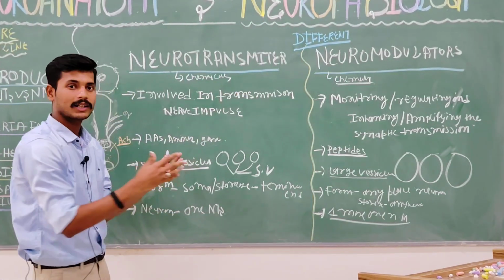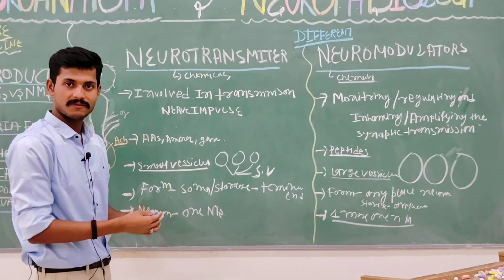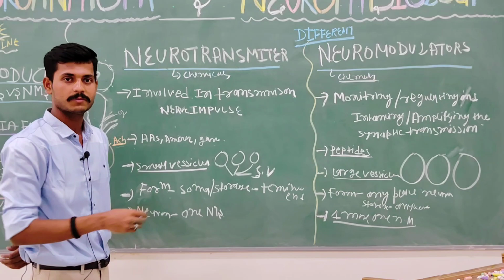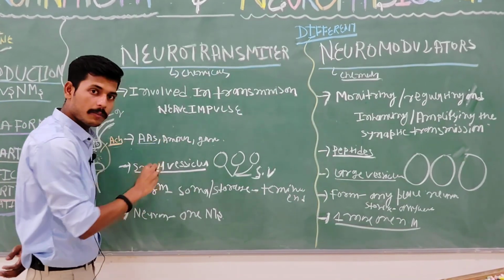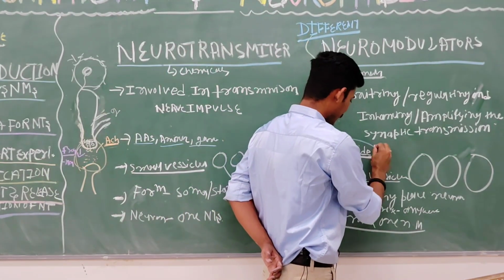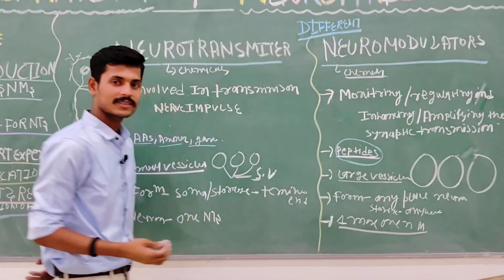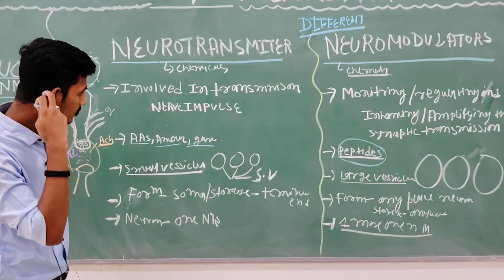Both are chemicals, but of diverse kinds. We will see one type of classification where we classify neurotransmitters on the basis of chemical nature. Neurotransmitters can be amino acids, amines, or gaseous, whereas neuromodulators are only peptides. They are restricted only to peptide nature.